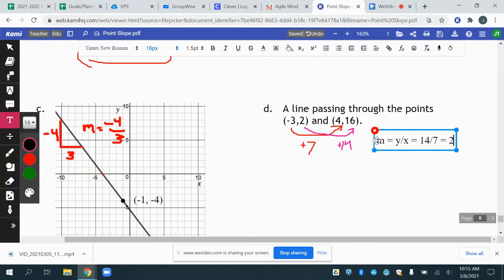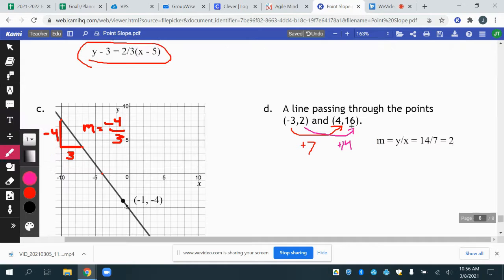Now I just need a point that it goes through. Well, I have 2 of them. I'm going to pick this point. We'll go with green, because green hasn't been used. I'm going to pick this point and this number, and I'm going to make my formula.